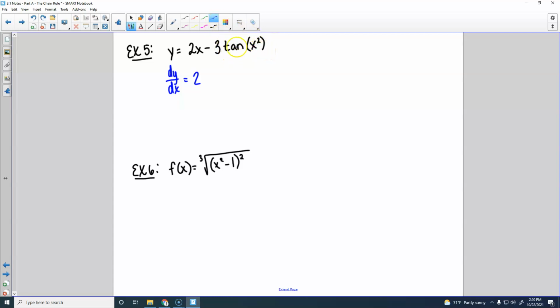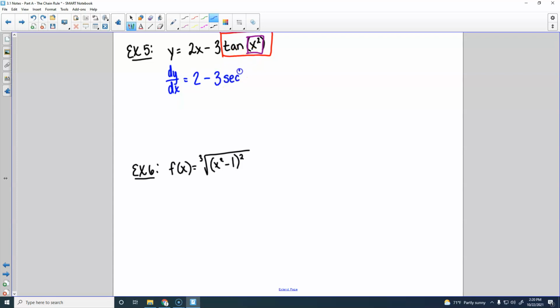Over here, though, I have an x squared inside of a trig function, so I have to use the chain rule for this one. This 3 is just a coefficient, so I can leave it out front. Think of this as my outside and this part as my inside. Hopefully you remember from yesterday, what is the derivative of tangent?